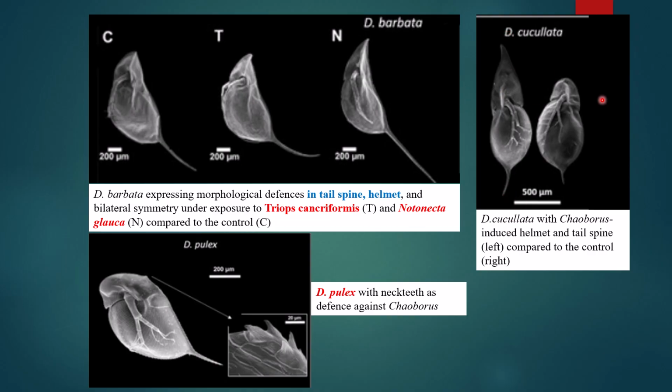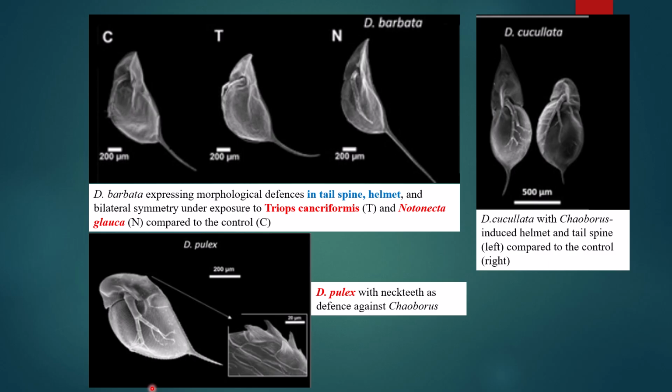In general, the typical form of Daphnia cucullata doesn't have a helmet or any sort of extension, and the tail spine is also very small, but it develops into this form once it is exposed to Chaoborus organisms, or the pheromones produced by the organism.